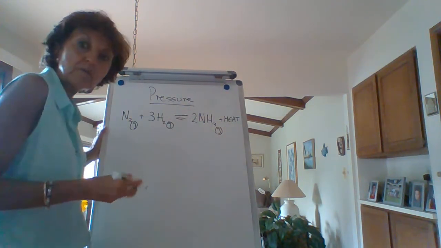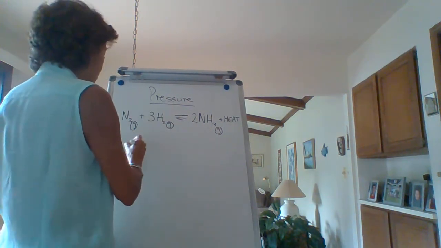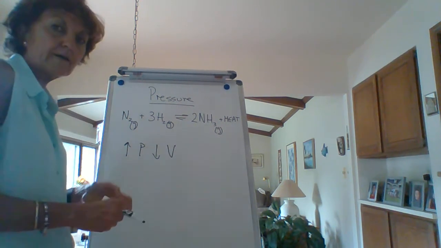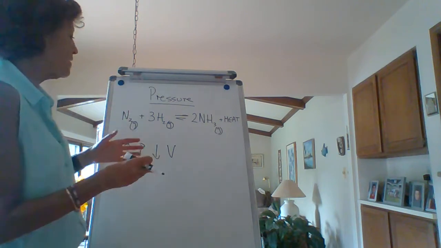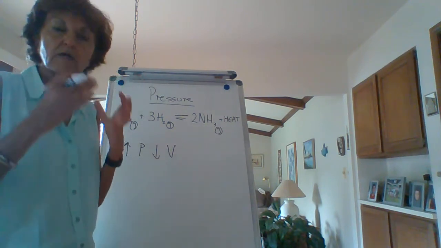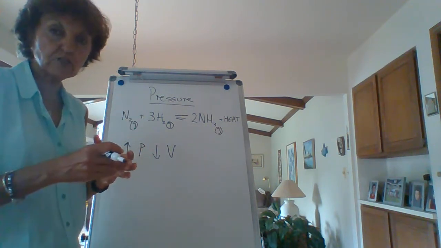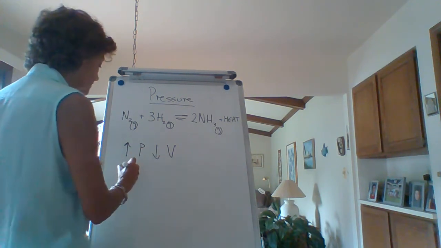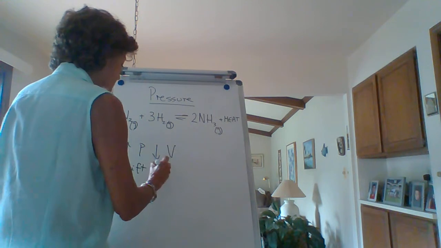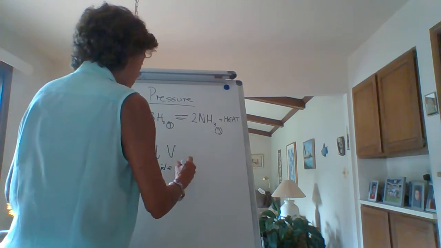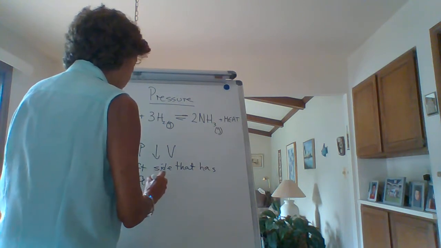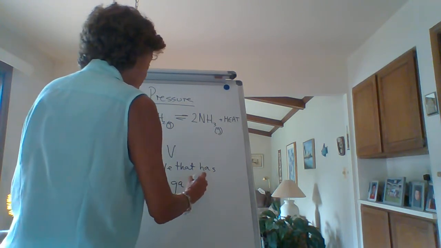Okay, remembering Boyle's law. If you have high pressure, you have low volume. Okay? If you run a system, if you run a reaction at high pressure, it's going to shift to the side that has fewer gas moles.